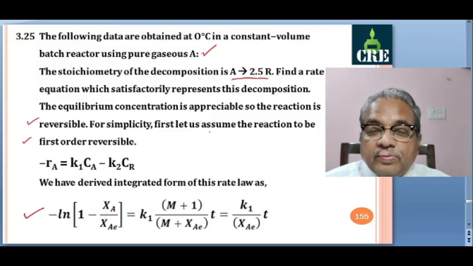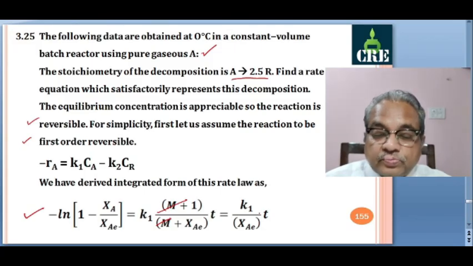You start with pure A. That means CR0 is 0, so CR0 by CA0, that is M, is also 0. So simply you are left with K1 divided by XAE into t. So we have to test for this with this data.